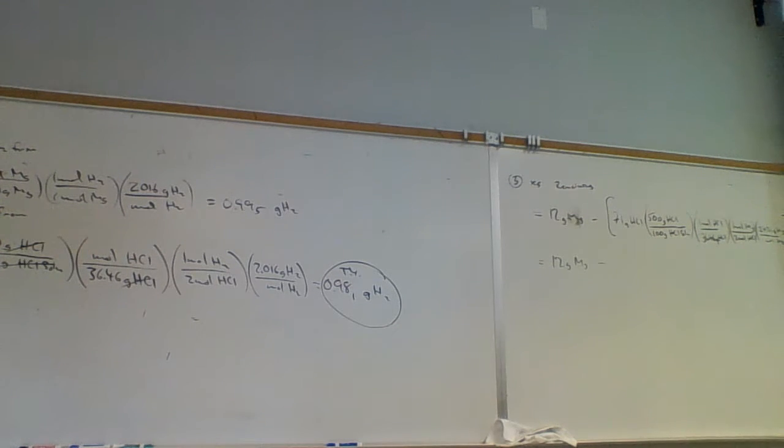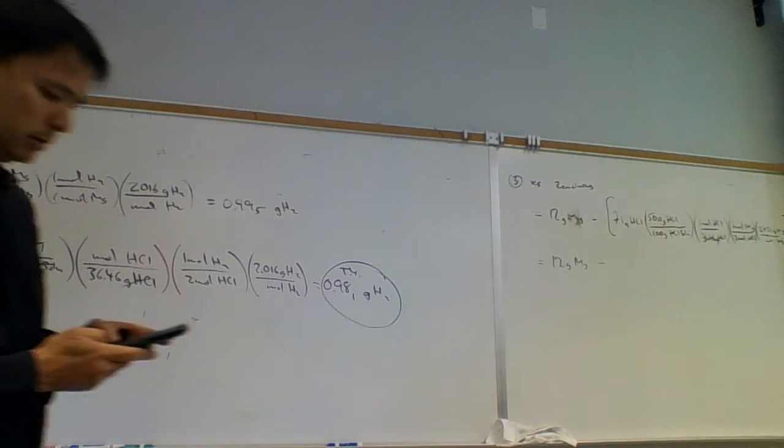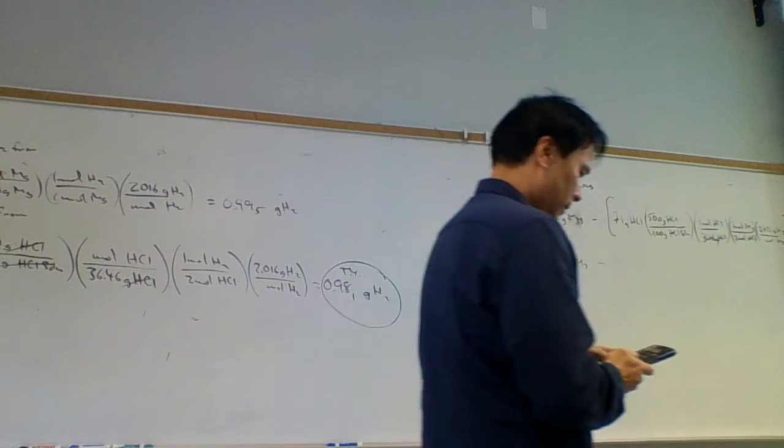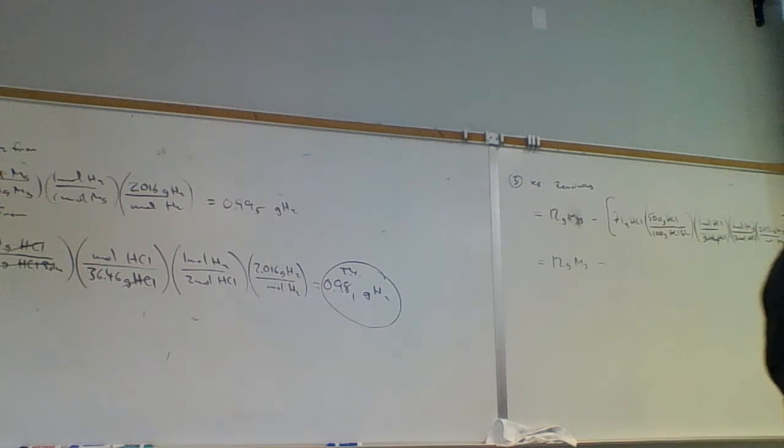And so we'll take 71 times 50 divided by 100, divided by 36.46, divided by 2, times 24.31, which is 11.83.